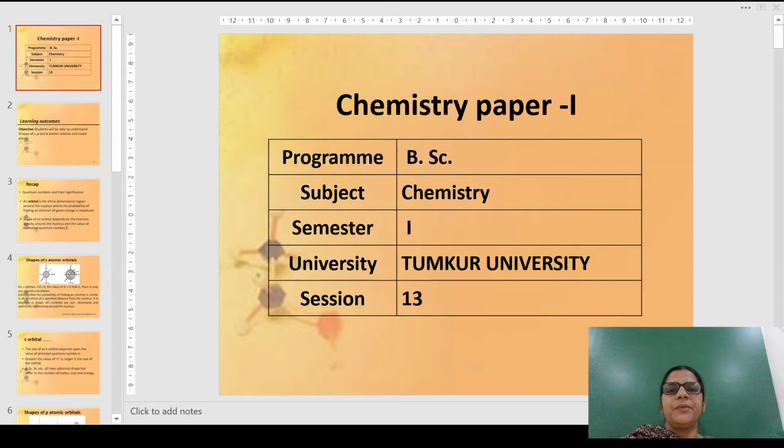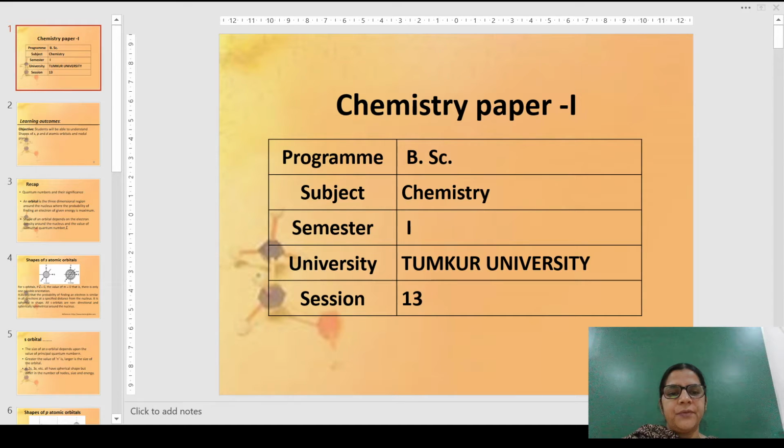Let's come to the shapes of the p atomic orbitals. So these are the 3 possible orientations. For p orbital, l is equal to 1, the azimuthal quantum number is 1. Therefore, m can take up the values of minus l to plus l. Therefore, m is equal to minus 1, 0 and plus 1, 3 possible values.